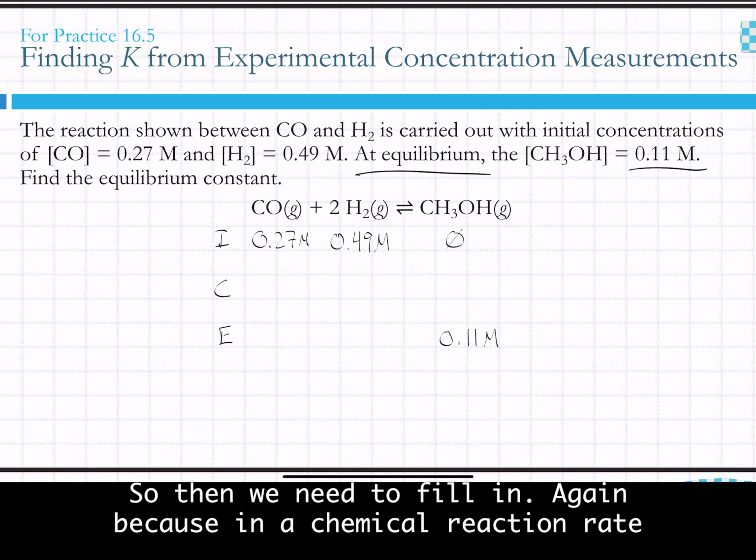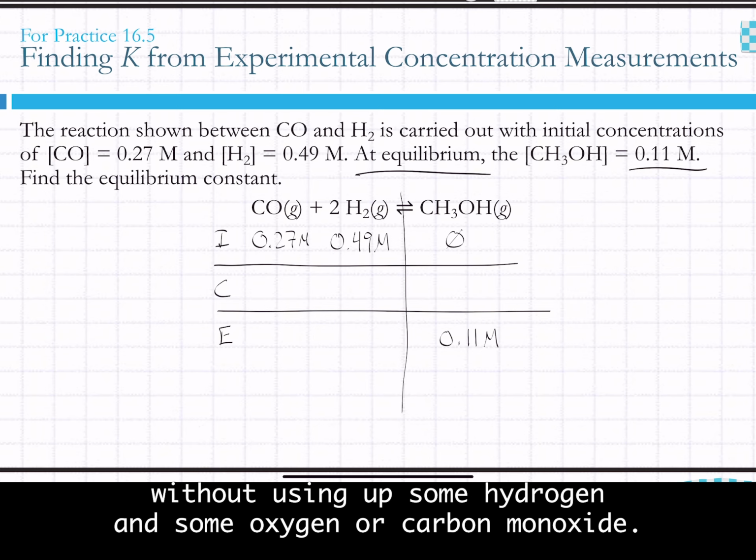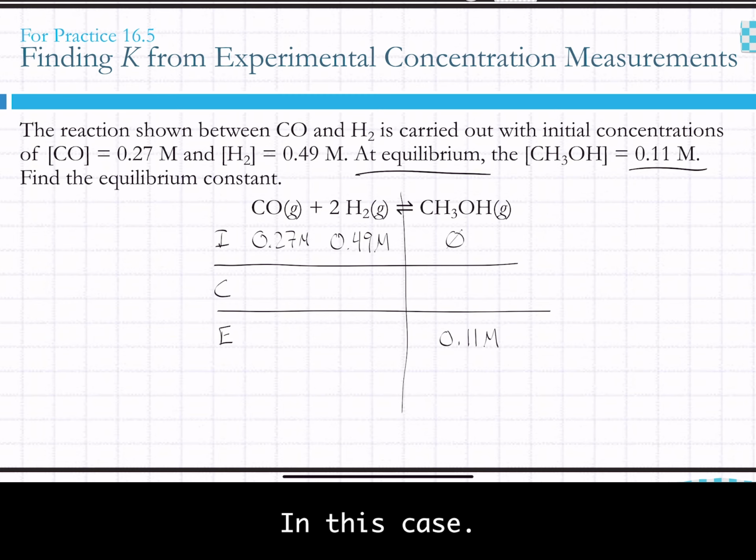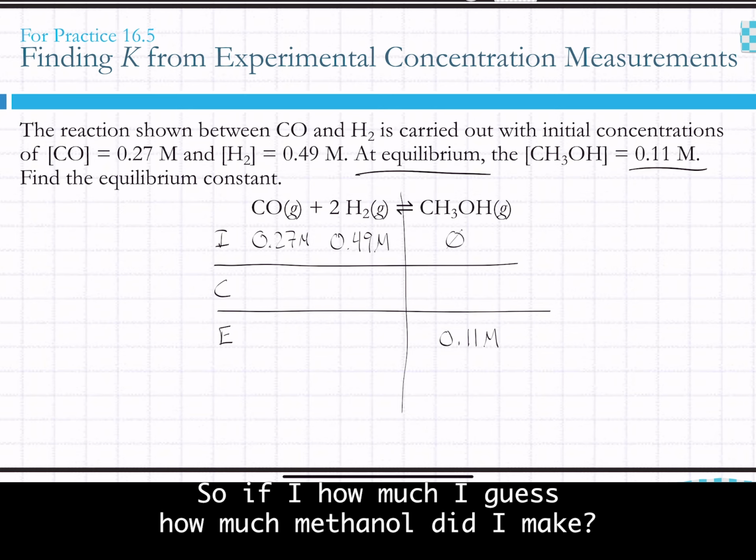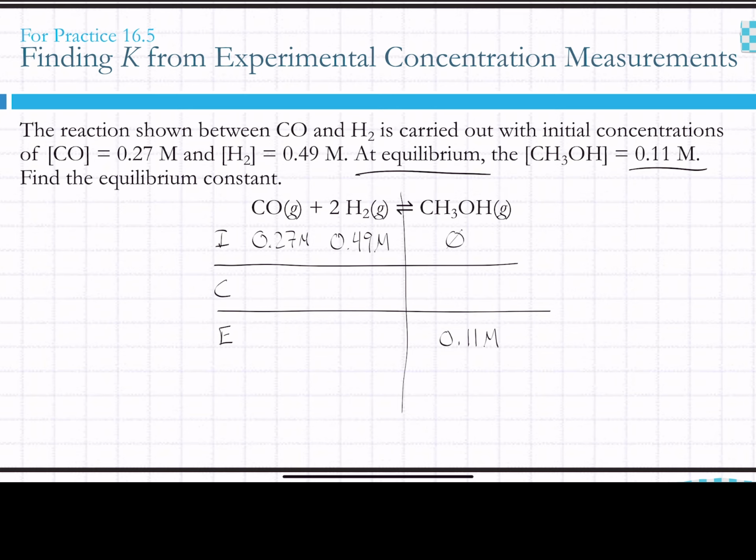So then what we need to fill in, again, because in a chemical reaction, I can't produce any methanol without using up some hydrogen and some carbon monoxide. So how much methanol did I make? Not a trick question. That increases by 0.11.